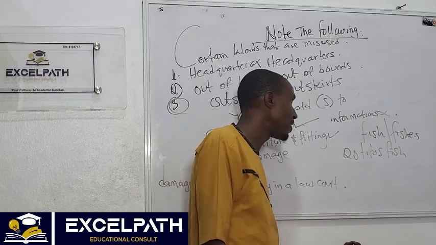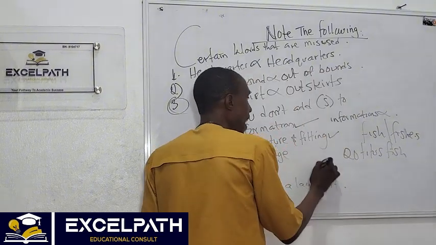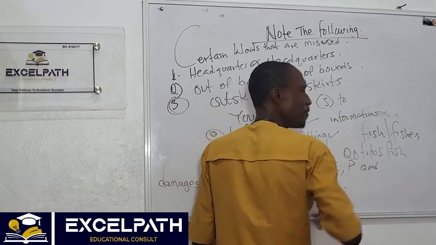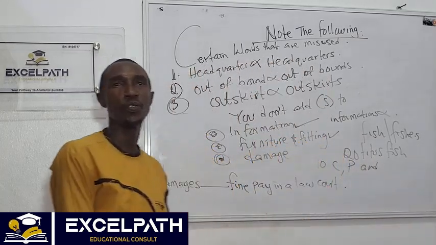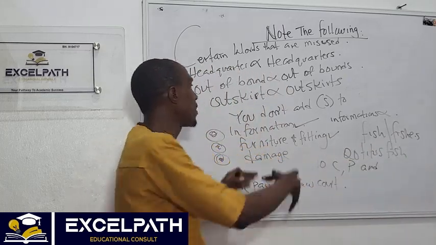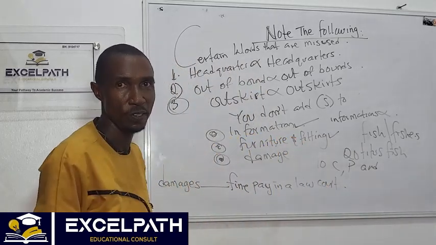But the usage is what we now change it to what? Fishes. Go and buy me 10 Kote, Mala, and Titus what? Fishes. So that is when you begin to use ES.